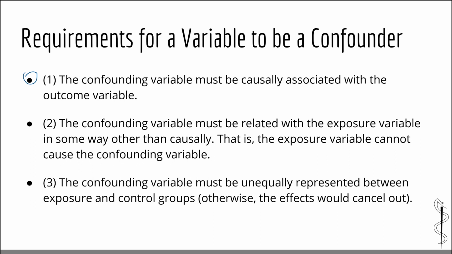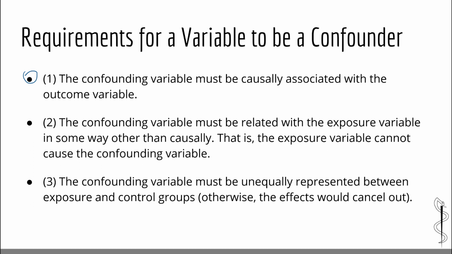If the confounder is not associated with the outcome, then it cannot create the false association between the exposure and the outcome, which is seen in confounding. Second, the confounding variable must be related with the exposure variable in some way other than causally. That is, the exposure variable cannot cause the confounding variable.